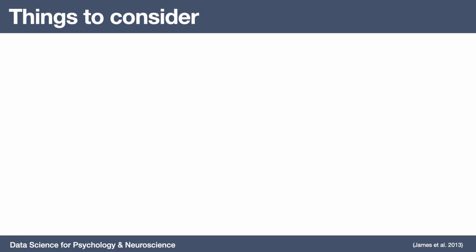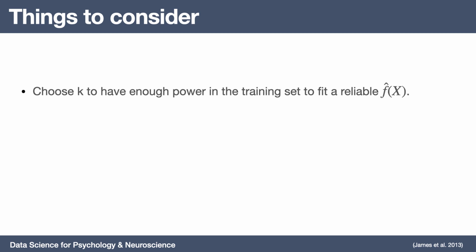So there are some things to consider when you're doing cross-validation. First, you want to choose the k to have enough power in the training set to fit a reliable model. This goes back to the slide I just showed before. If you use a split-half test or a two-fold cross-validation on a relatively small data set, you're going to have a very unreliable estimate of your training model on each fold.